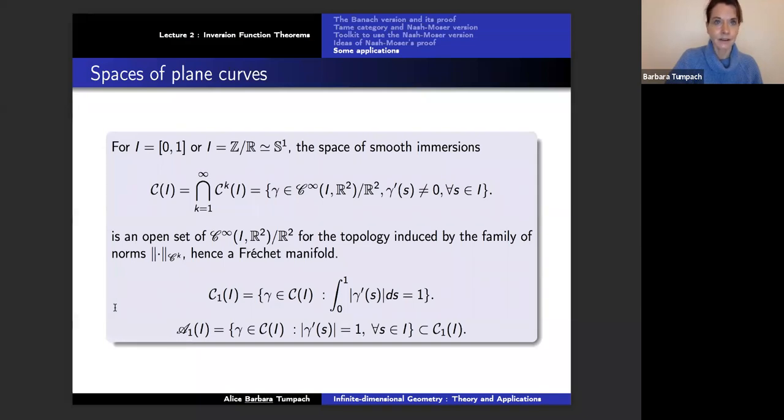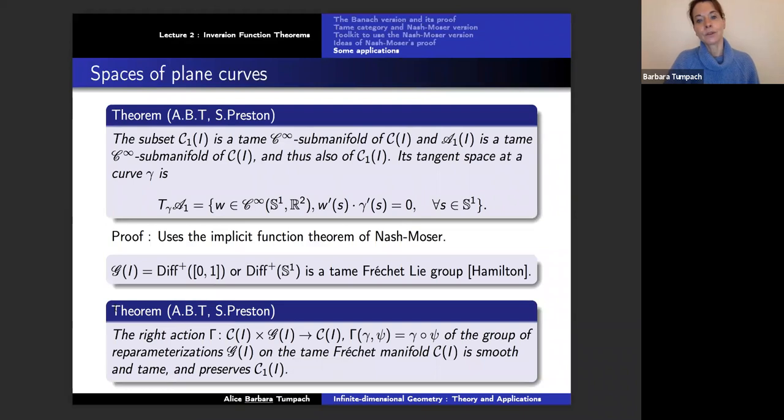Inside of these, there are arc length parametrized maps. If you look at this space of arc length parametrized maps, this is actually a submanifold of the space of length 1 maps. And to prove this, we use the Nash-Moser theorem in an easy way.